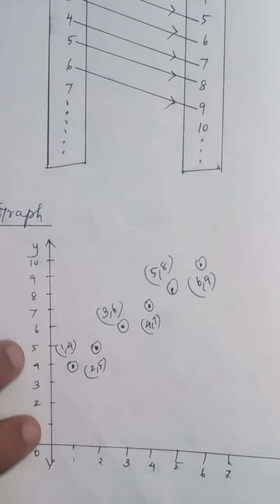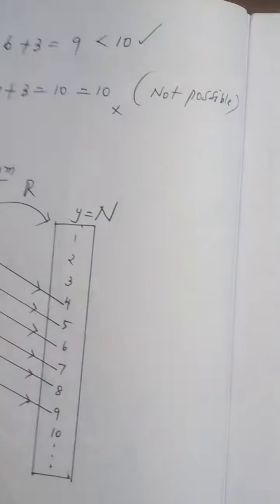So the graph is over. The last part is the roster form.